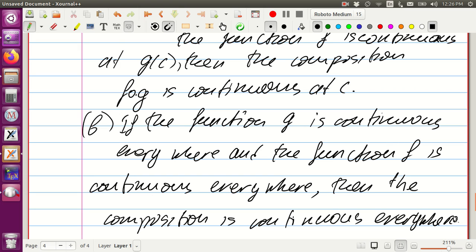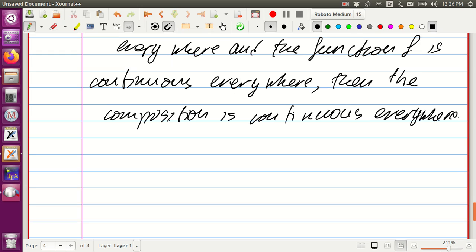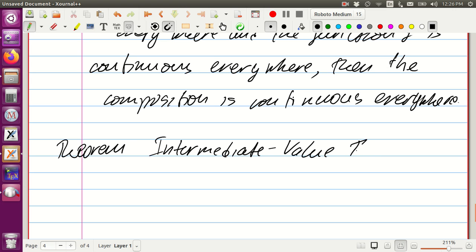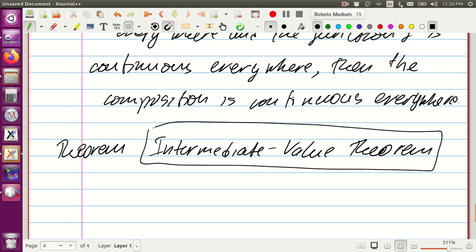All right, so to finish this discussion, we have to talk about the Intermediate-Value Theorem, and we're going to use it this semester. This theorem has a name, it's called the Intermediate-Value Theorem. For shortness, it's usually called IVT.